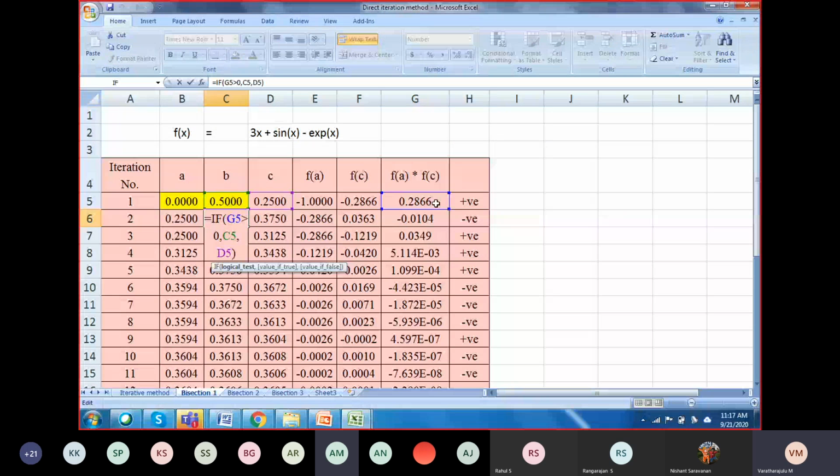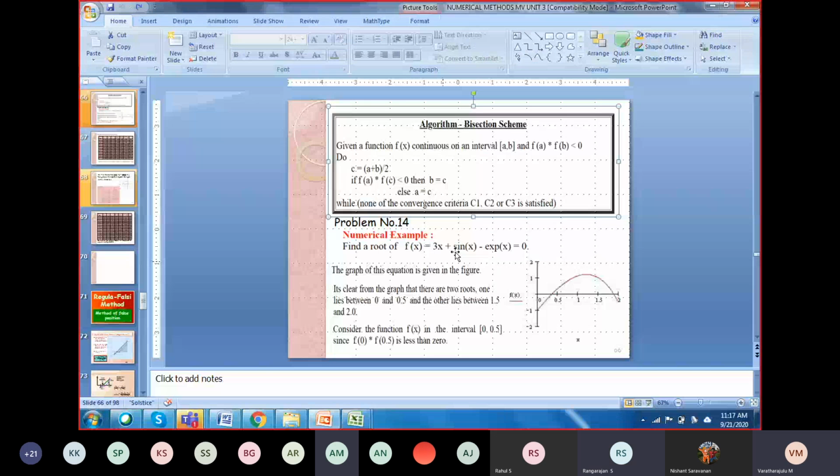This is what we have to do with this bisection method. If the cross product of f of A and f of C is less than 0, your B is equal to C, else your A is equal to C.